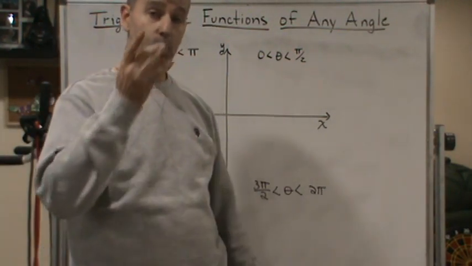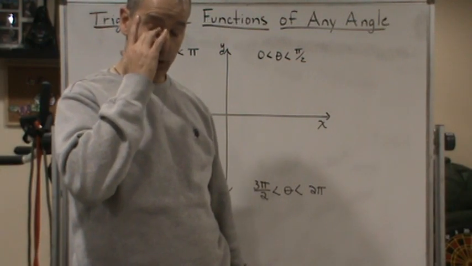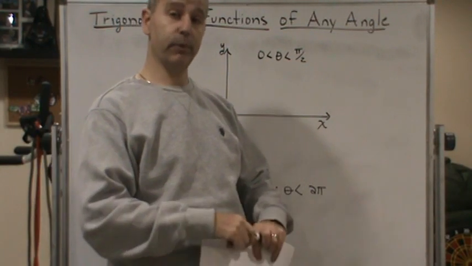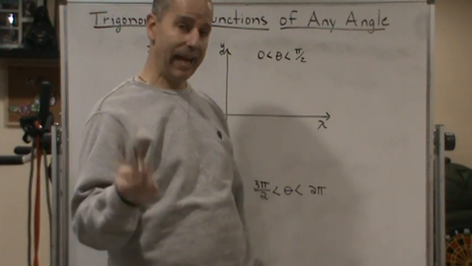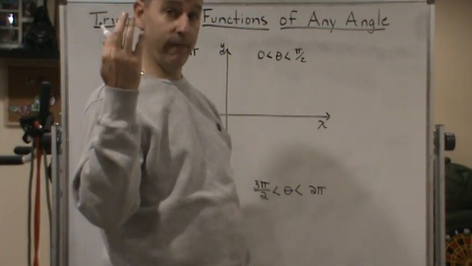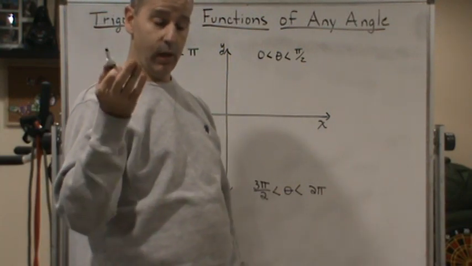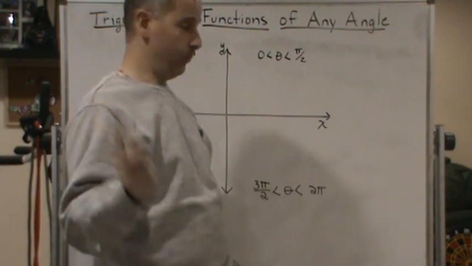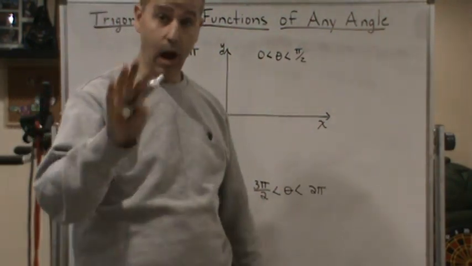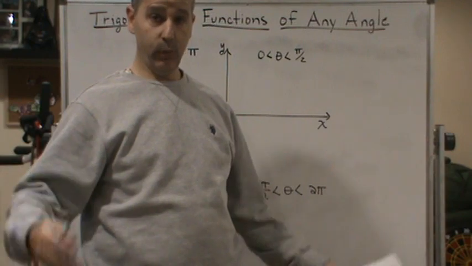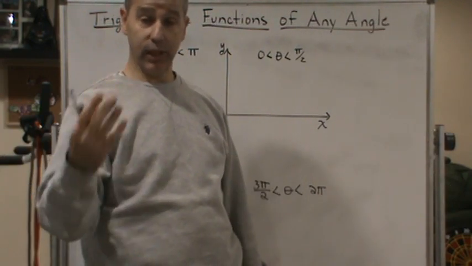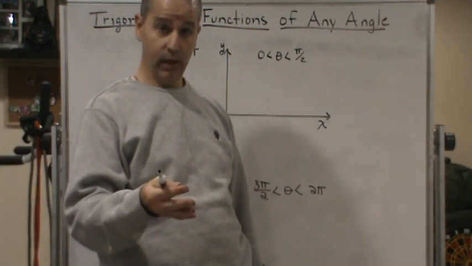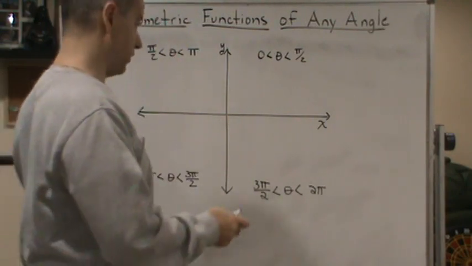Now that we know the general definition for each of the 6 trigonometric functions, they are related to the values of x, y, and r. Since r is always positive, we don't have to worry about that one. It's x and y that determine the sign of the trig function.